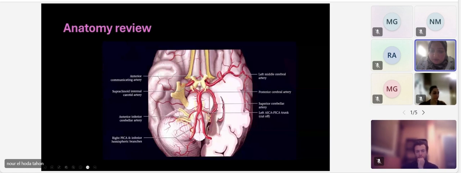If we look posteriorly, let's start from down. The vertebral arteries give us PICA, and sometimes one terminates as PICA, and they fuse together to give the basilar artery, and the basilar artery runs in the interpeduncular cistern. You can see it here, and it gives some small branches.